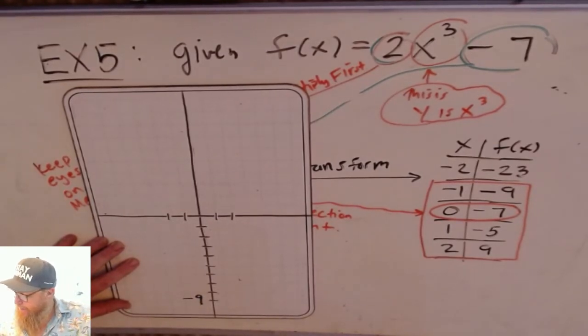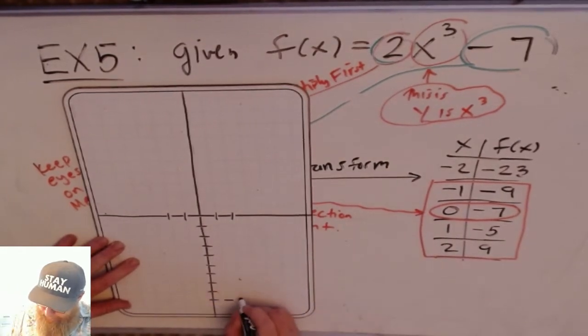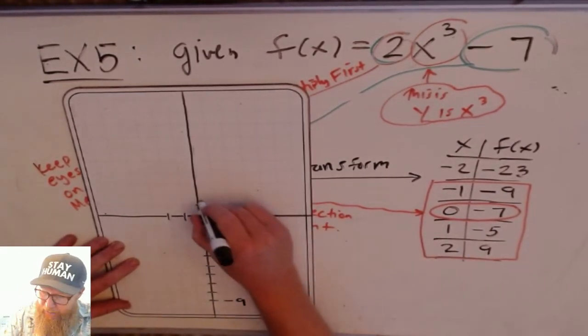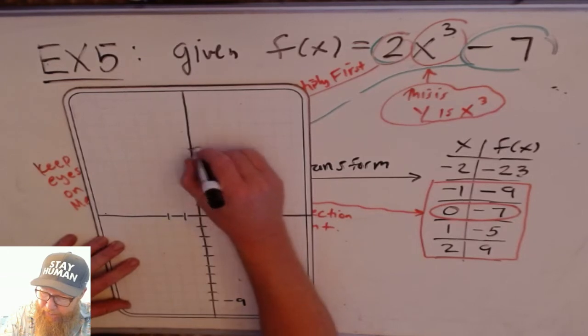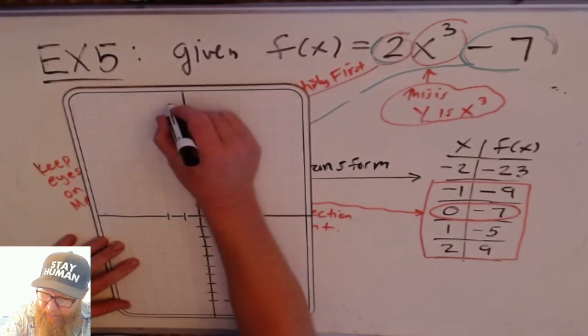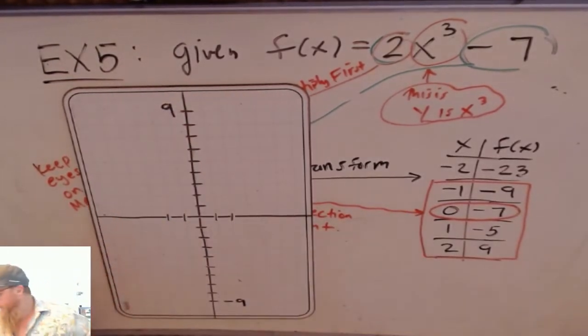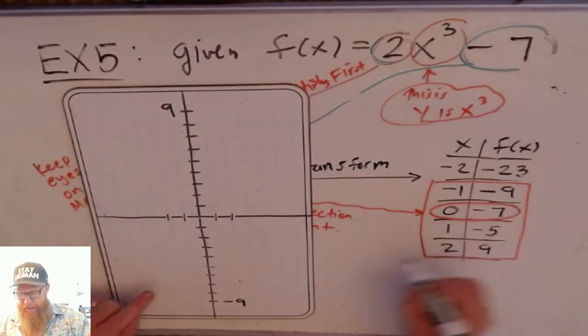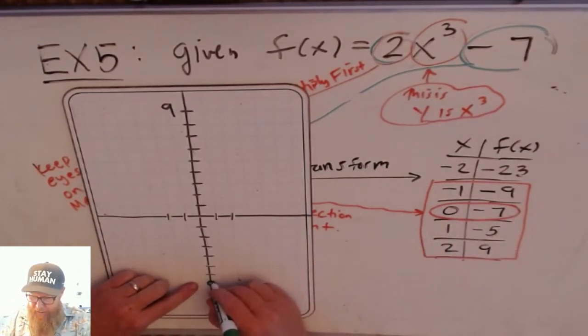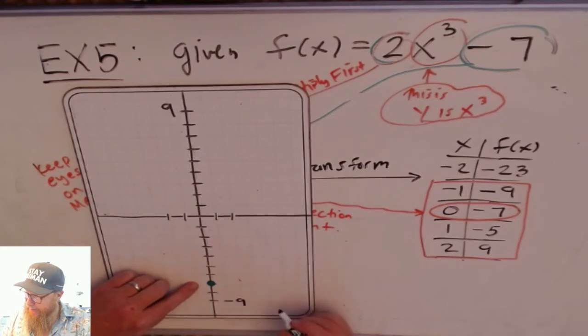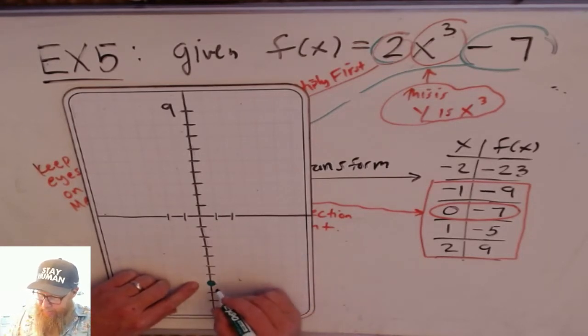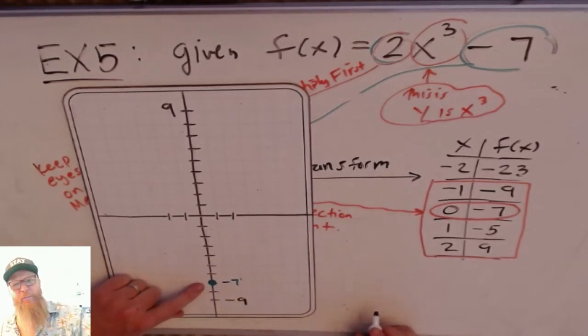Actually, here, a +9. 1, 2, 3, 4, 5, 6, 7, 8, +9. All right, and then plot the inflection point first. So 0, -7. There's the inflection point.